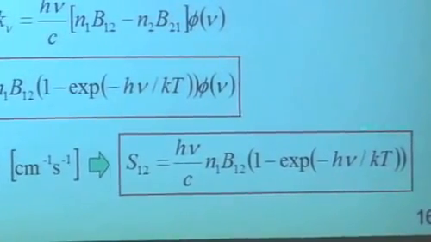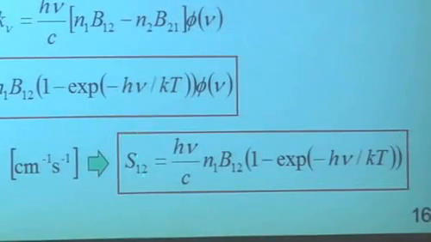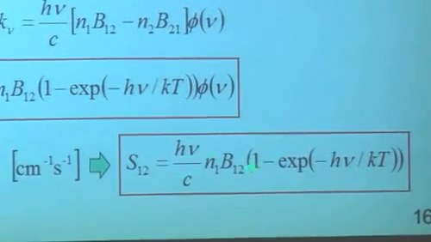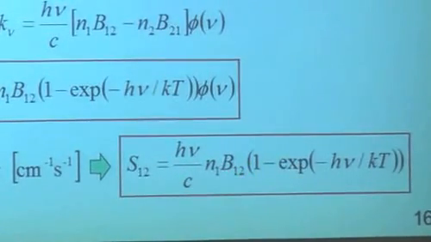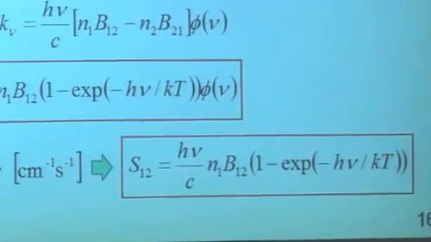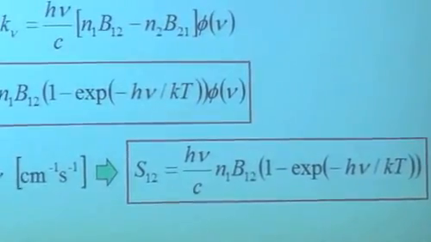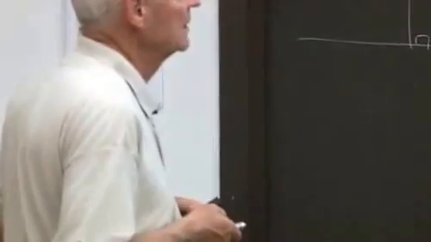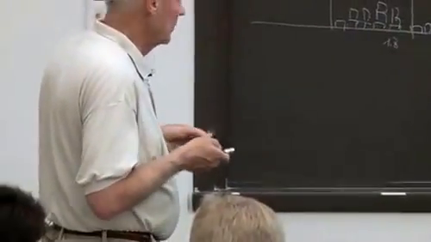So this now is my most fundamental relationship. What I'm calling the line strength is proportional to the Einstein B coefficient and the number of absorbers. The strength of absorption is proportional to the number of absorbers in state 1, and a fundamental term B that I'm going to get from somewhere.